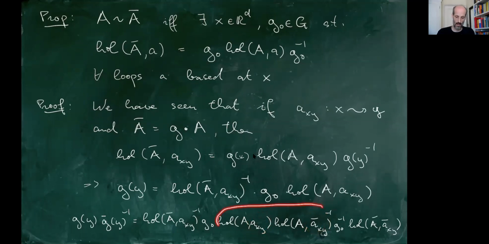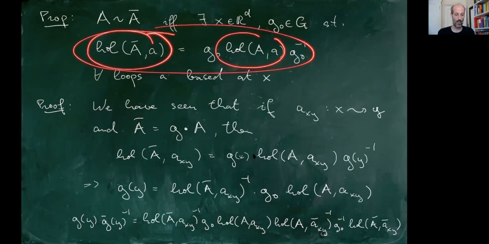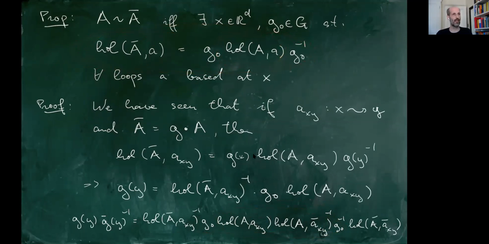But then the holonomy of A along a loop conjugated with G naught, that is just the holonomy of, by assumption, that's just the holonomy of A bar along that loop, right? And so this whole thing, I can just write it as the holonomy of A bar along this loop, right?